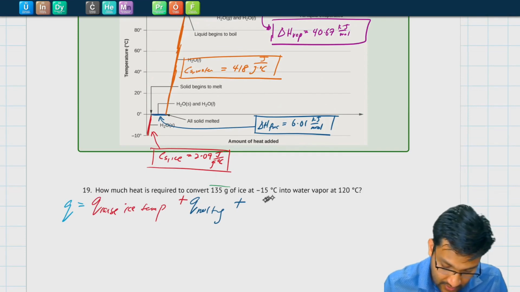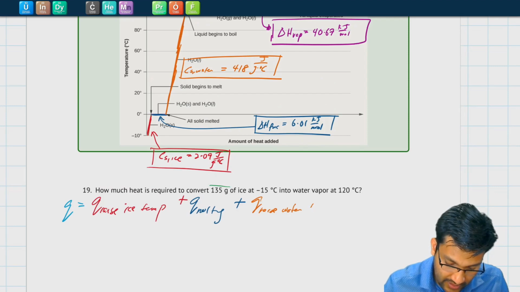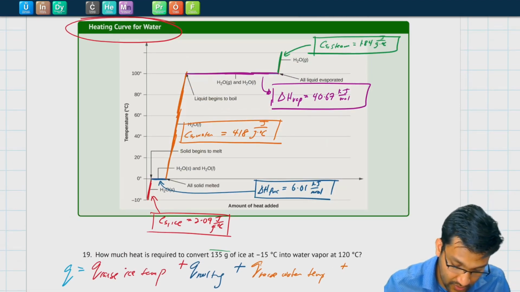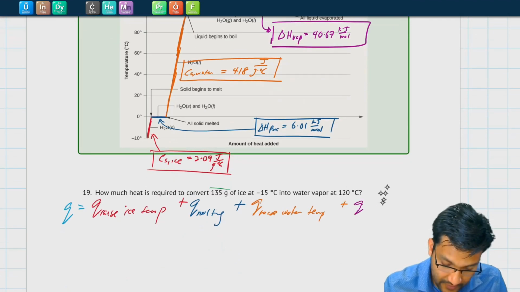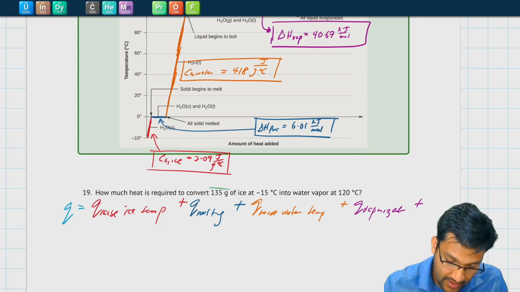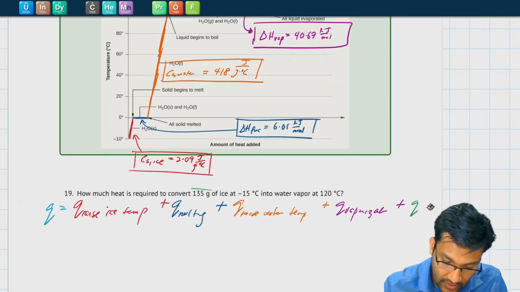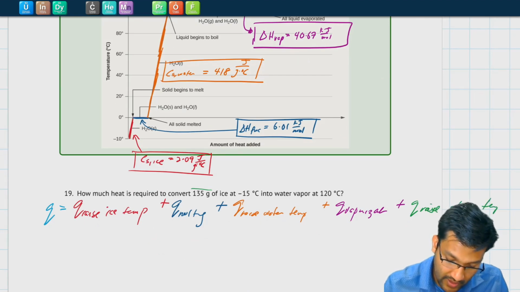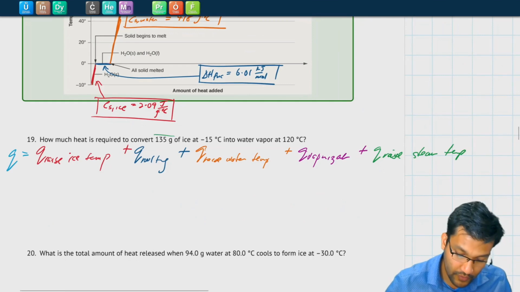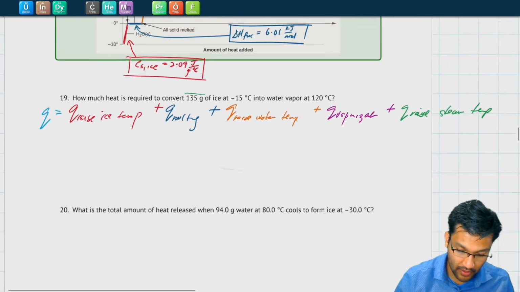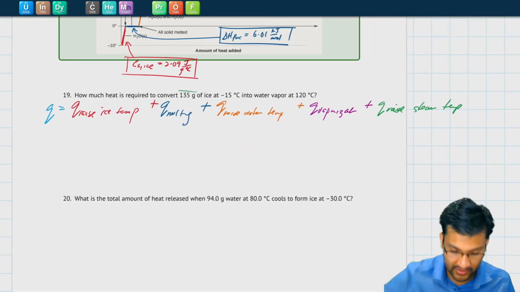That was orange, so it's Q raise water temp, so that's liquid water. And then we need to vaporize the water. That was purple, so that's the heat from vaporization. And then finally we need to raise the temperature of steam, Q raise steam temp. So in this problem, we have 1, 2, 3, 4, 5 different processes happening.